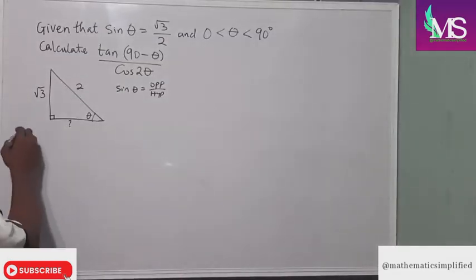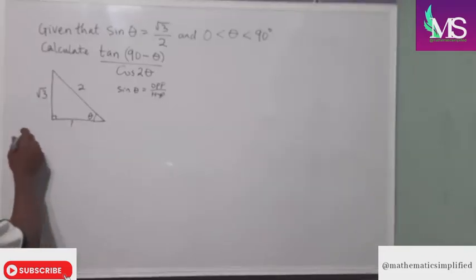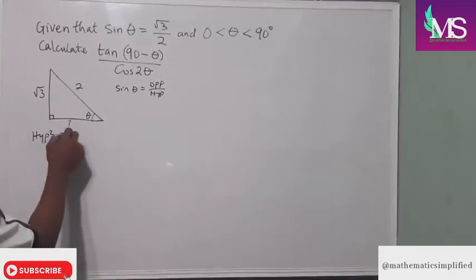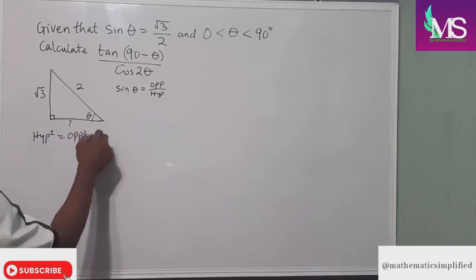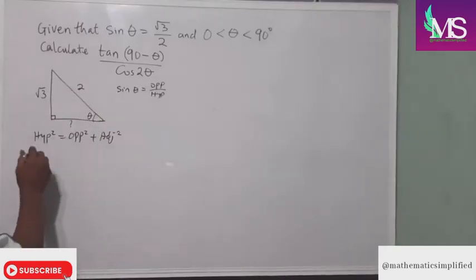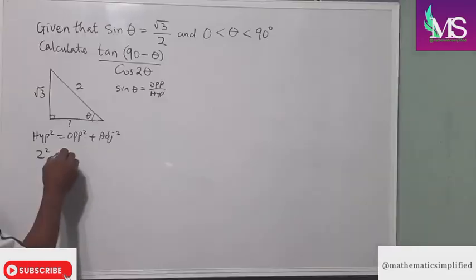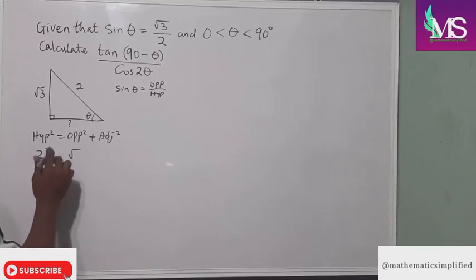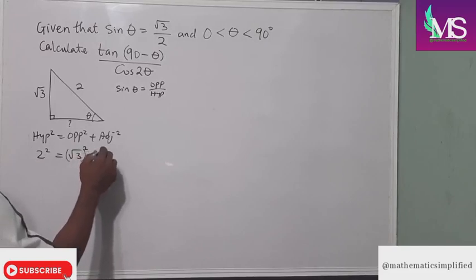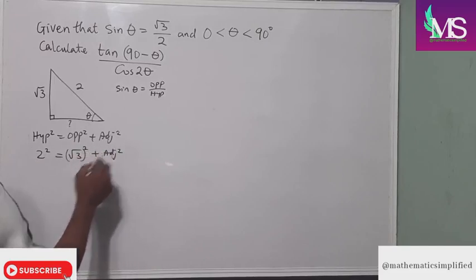So our rule, Pythagoras rule, which is hypotenuse squared equals opposite squared plus adjacent squared. So this becomes, our hypotenuse is 2 squared equals root 3 squared plus our adjacent squared.